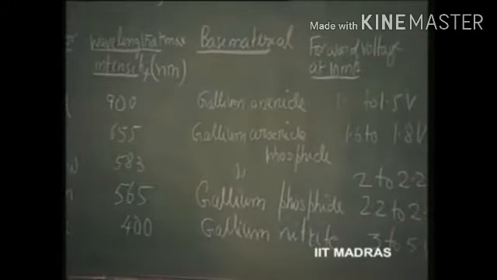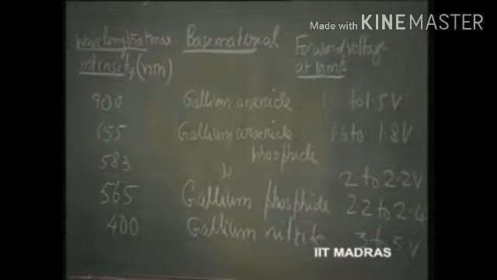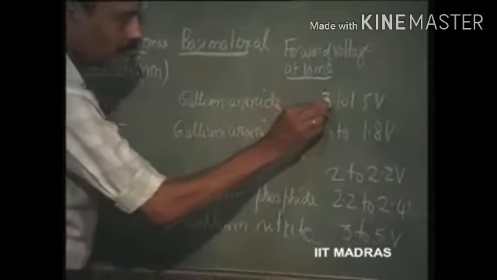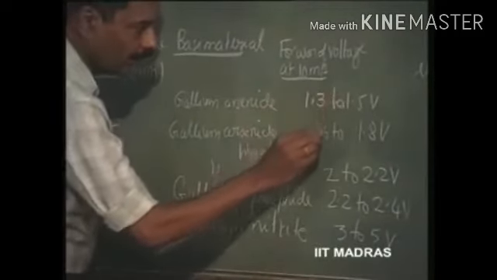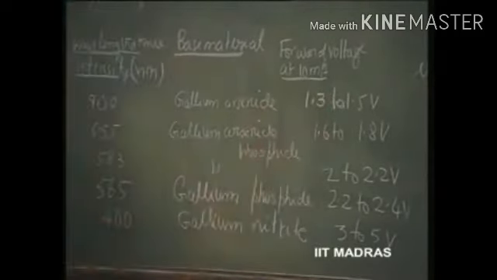milliamperes or so, and the typical forward bias voltage. Now please compare this with the forward bias voltage of a silicon diode, which is of the order of 0.5 to 0.7 we said, at currents of the order of milliamperes. Gradually it might become 0.8 to 1 as it goes to higher currents.